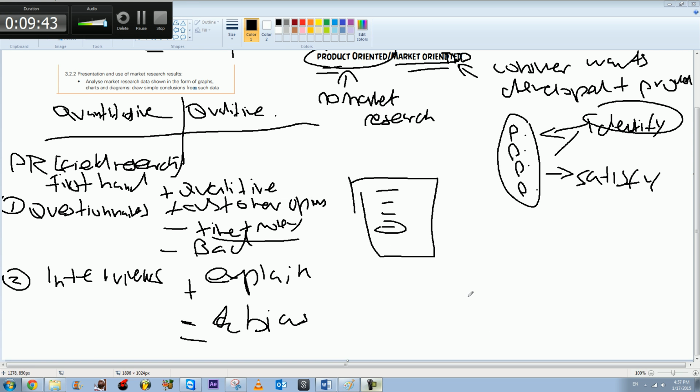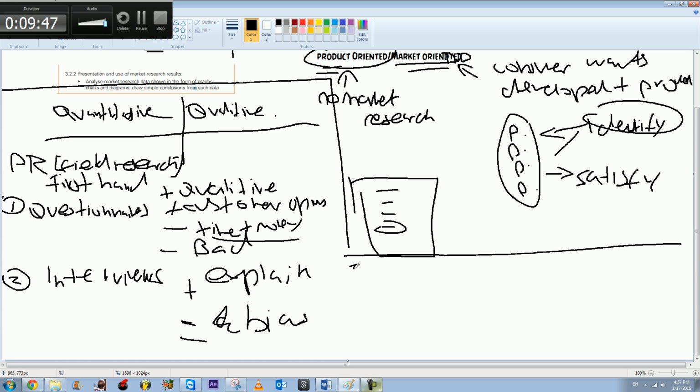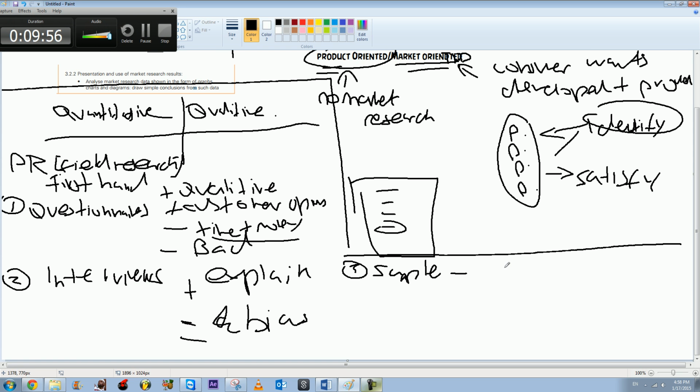Okay, let me continue on here, and this is still primary research. Third one is sample. So the definition of a sample is a group of people who are selected to respond, basically.